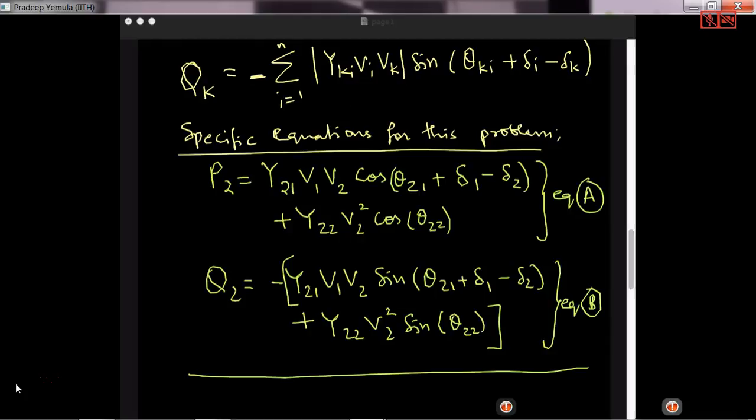Okay, so once you have this, what is the next step? The next step would be whatever values we have known, we can substitute them. So let's look at this.